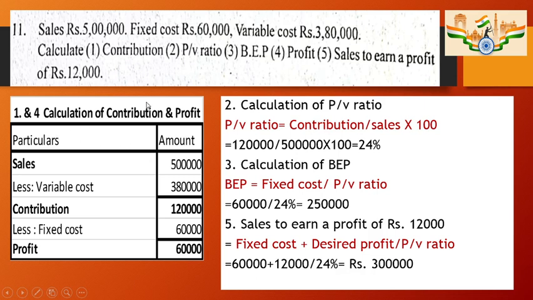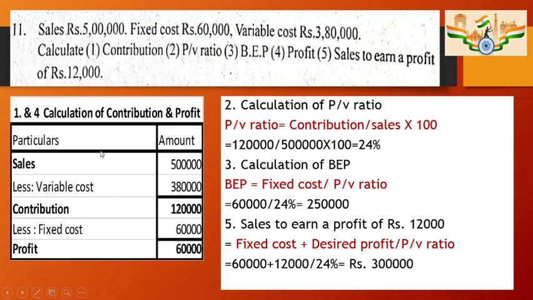So the calculation of contribution and profit I am calculating in this table only. Sales, how much have they given? 5 lakh. Sales minus variable cost is equal to contribution. So you are all aware, sales minus variable cost equals contribution. So contribution is 1,20,000.